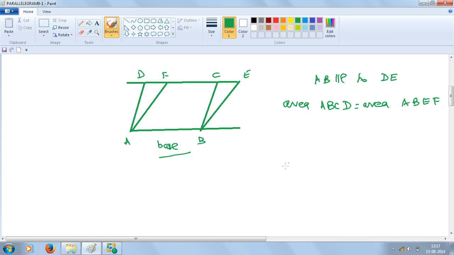We will approach this problem by taking a square and a parallelogram on the same base.